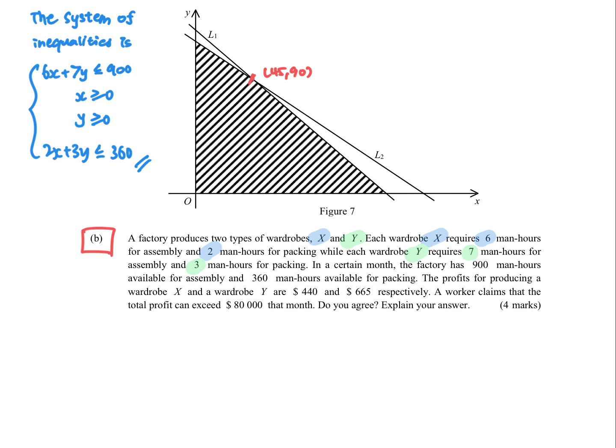In a certain month, the factory has 900 man-hours available for assembling and 360 man-hours available for packing.